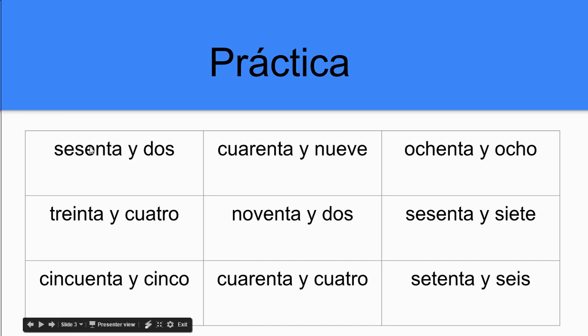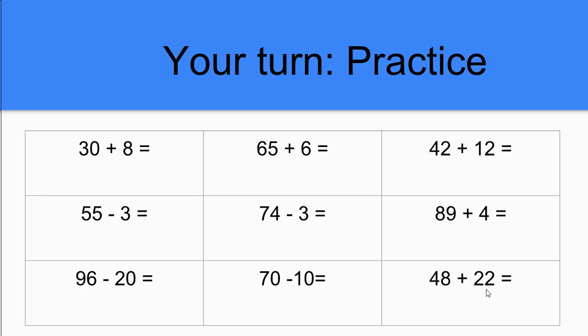So we're going to see 60 and 2, 40 and 9, 34, 92, 67, 55, 44, 76.